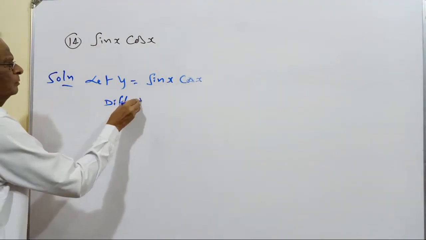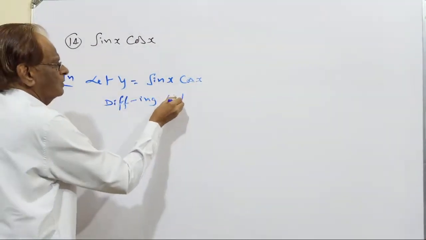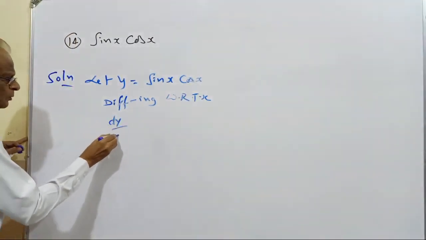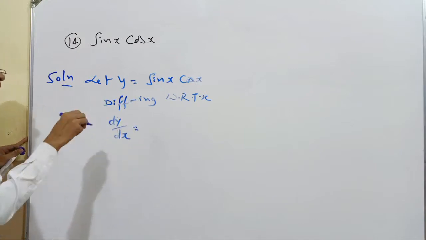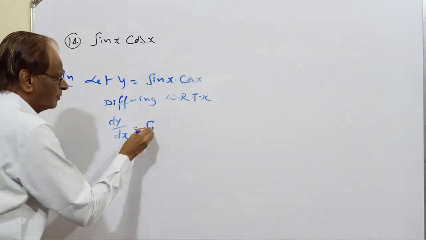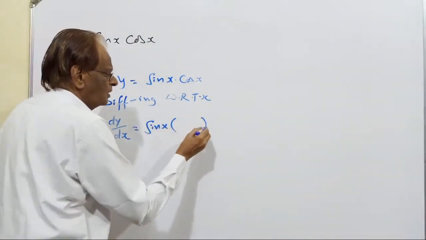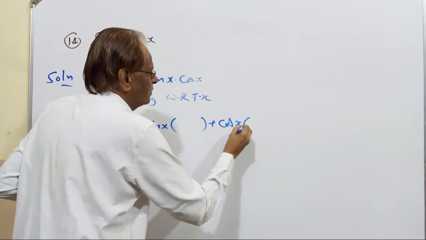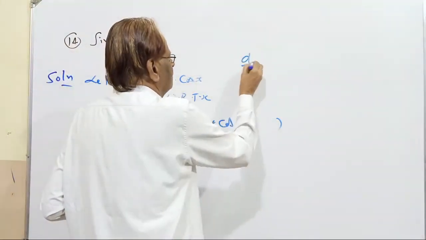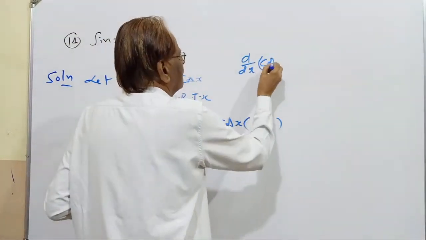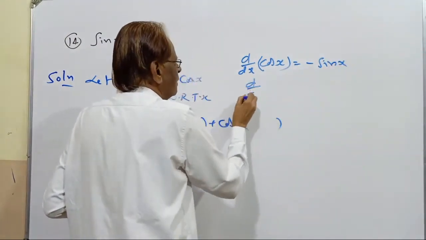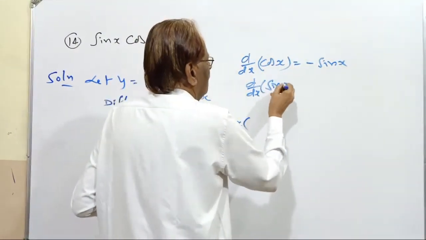Differentiating with respect to x, dy by dx. Again we are differentiating the product of sin and cos. Use the product rule: sin x as it is, differentiate cos x, plus cos x as it is, differentiate sin x. The formula: differentiation of cos x is minus sin x, and differentiation of sin x is cos x.